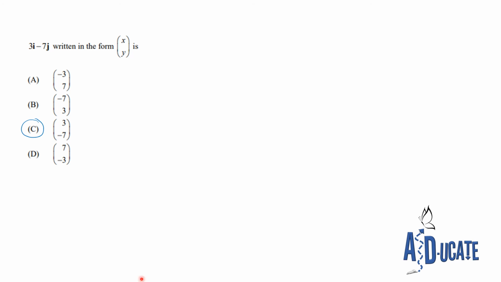But if you want to further understand the idea, what I just spoke about can be represented like this, where you have the unit vector notation. And this shows how the unit vector notation and the column vector notation relate in an equation, right?